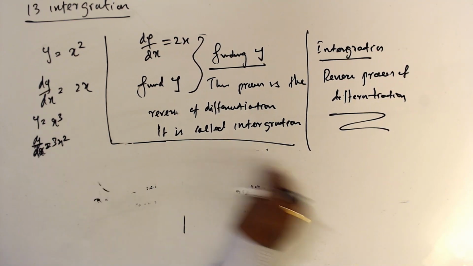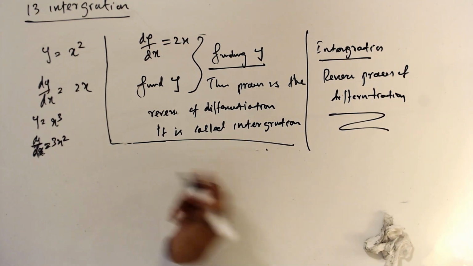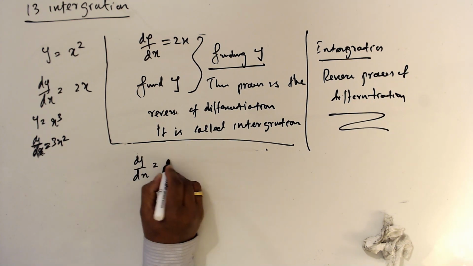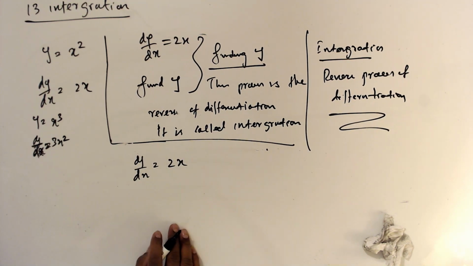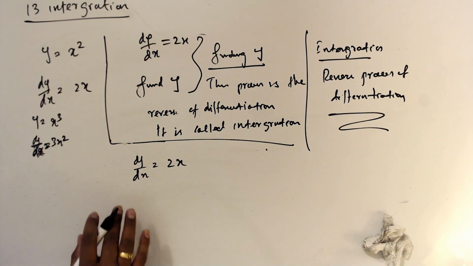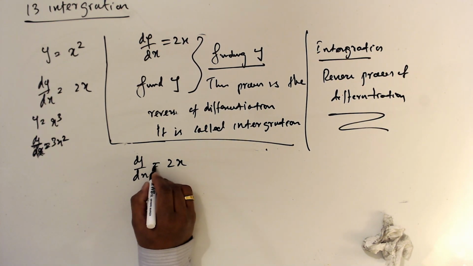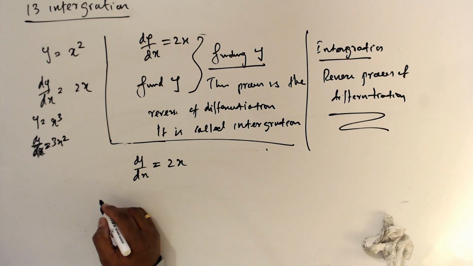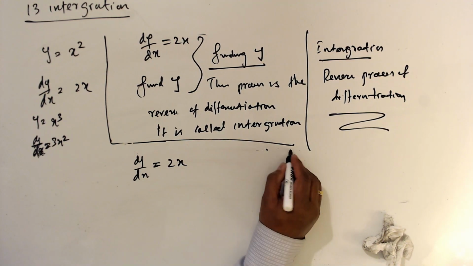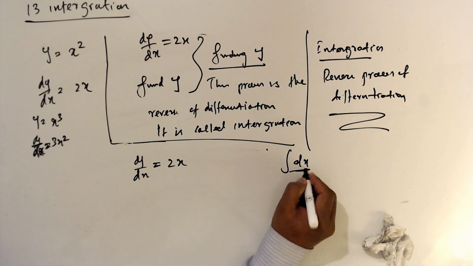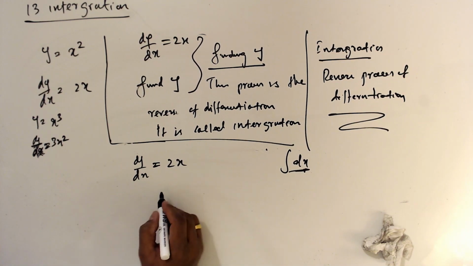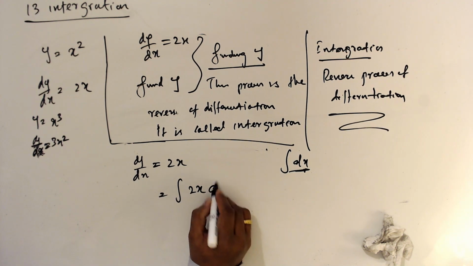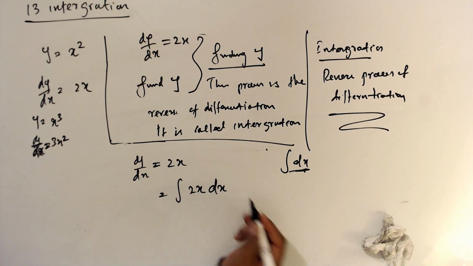Now dy by dx is 2x. How do we give the command to reverse the process? We have a symbol, and we will tell it: integrate 2x with respect to x.